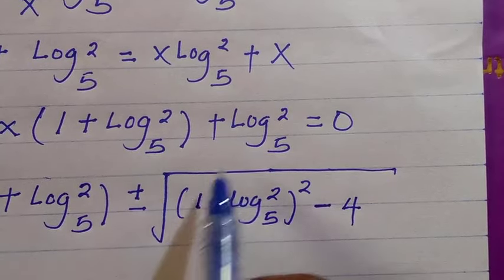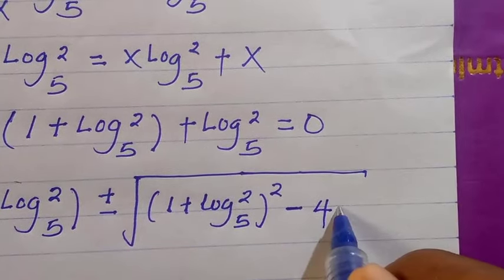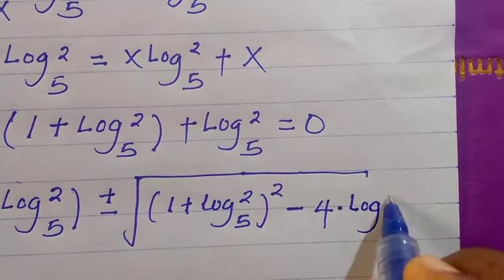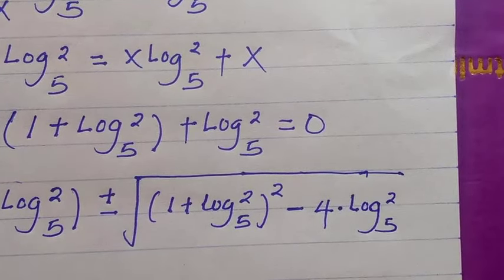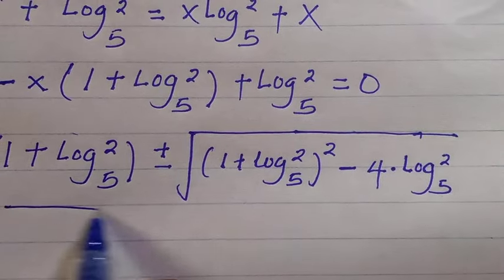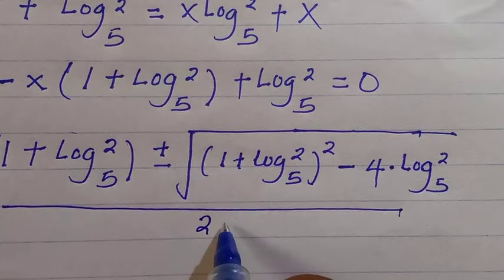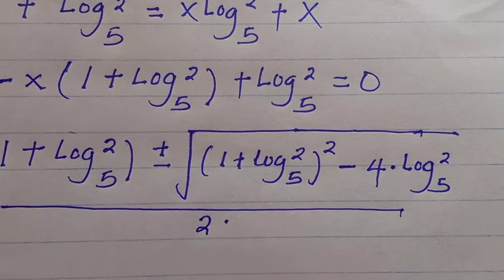So a is 1 and c is this, which is 4 dot log 2 base 5. Everything divided by 2 multiplied by 1, which is 2.